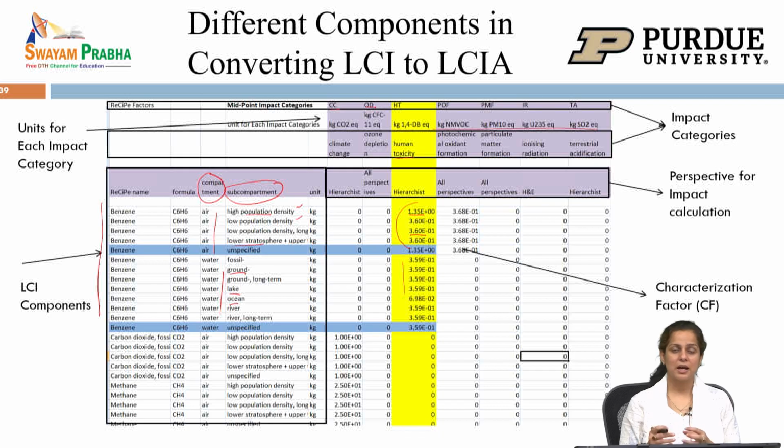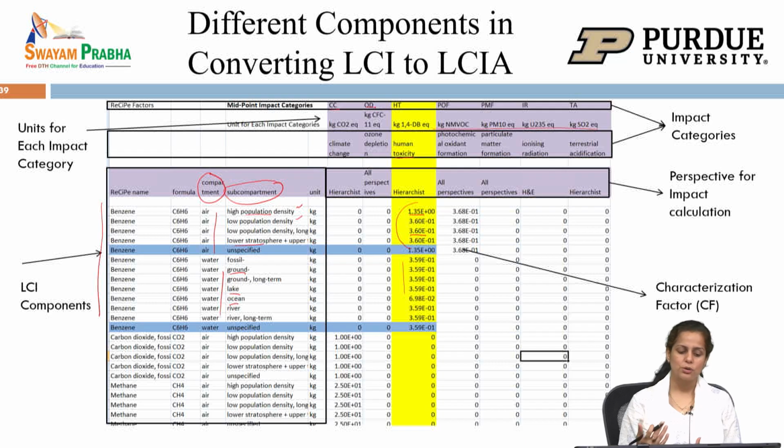So, you might have lower emissions of benzene in a high population density area in air that have much higher impact on human toxicity than a higher amount of benzene in a low population density area. So, this is also capturing the aspect of actual exposure to the population.